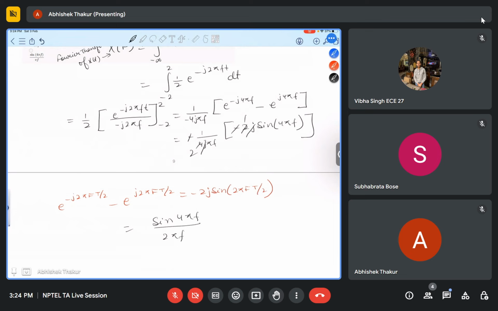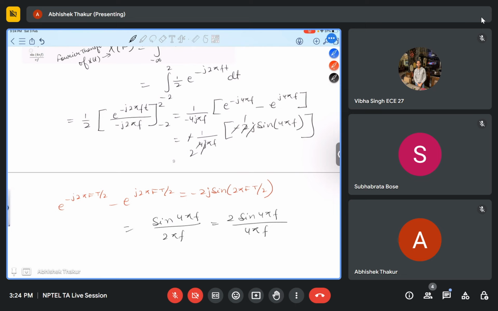Okay, so this we can write as 2 into sine of 4 pi f by 4 pi f. We have multiplied by 2 in numerator and denominator.